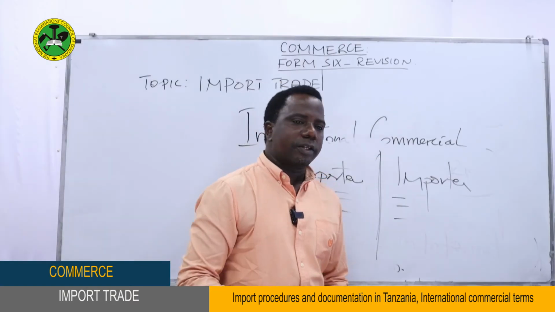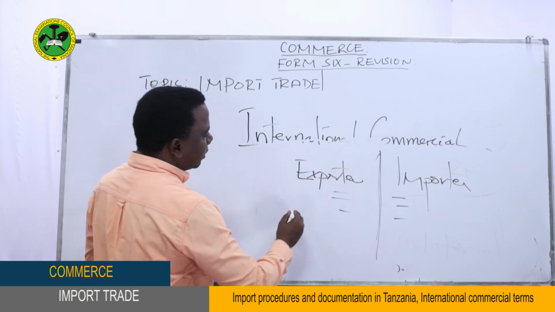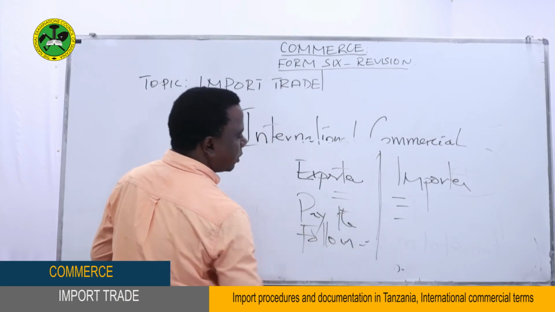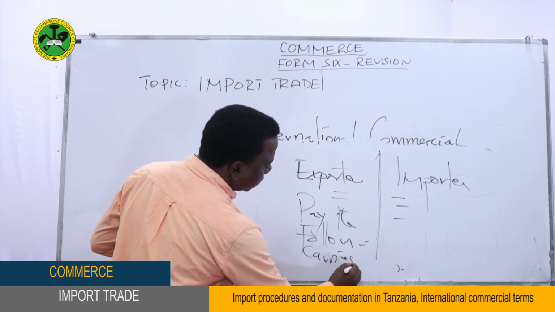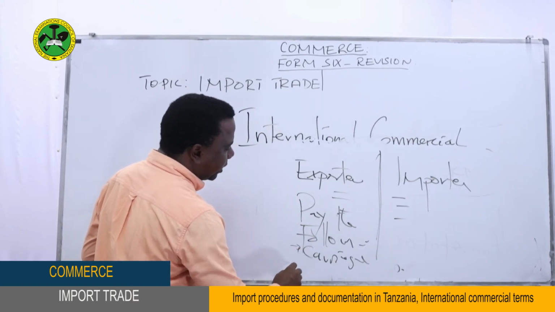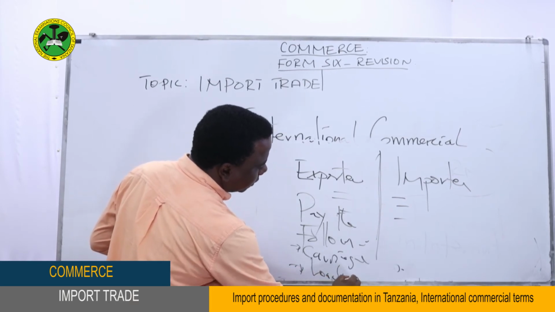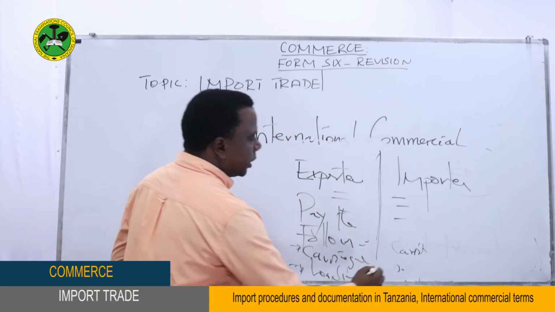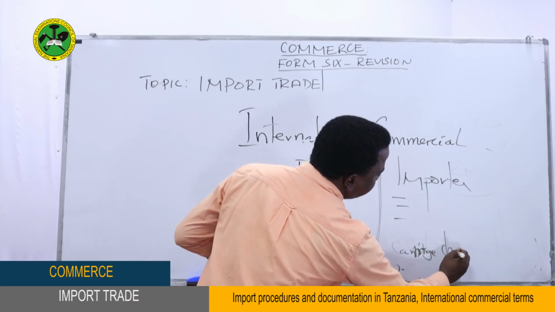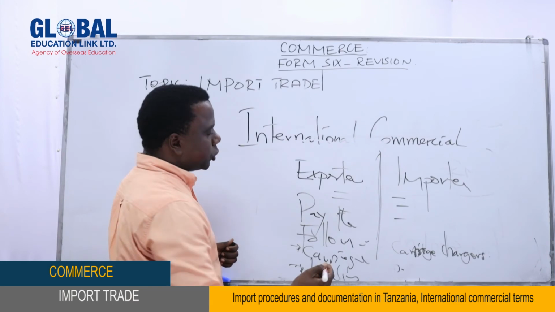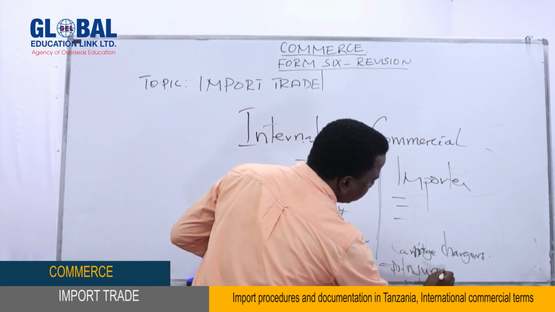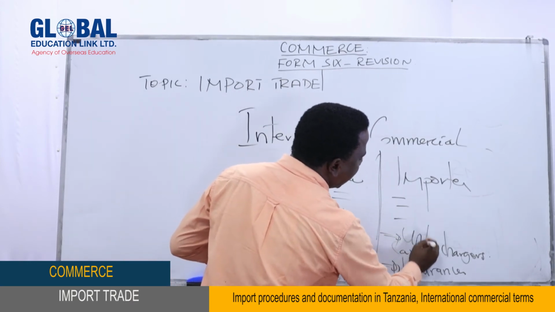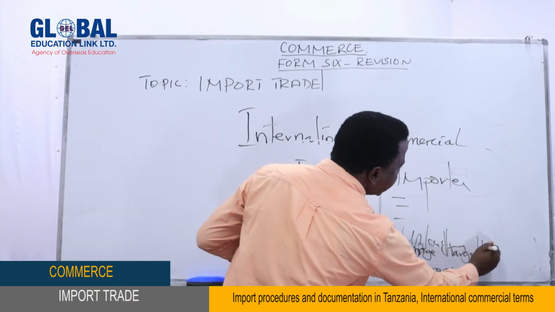So it will be known that an exporter should pay the following, such as carriage charges and loading charges, or an importer should pay either the carriage charges, if not the exporter, or an importer should pay the insurance, or the unloading charges or warehousing charges.